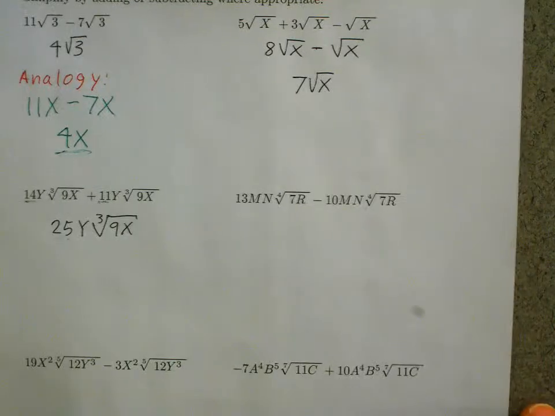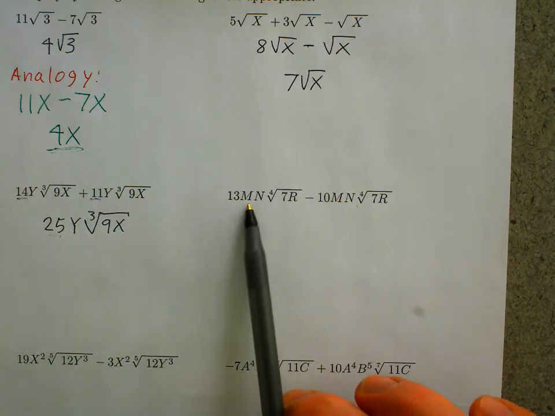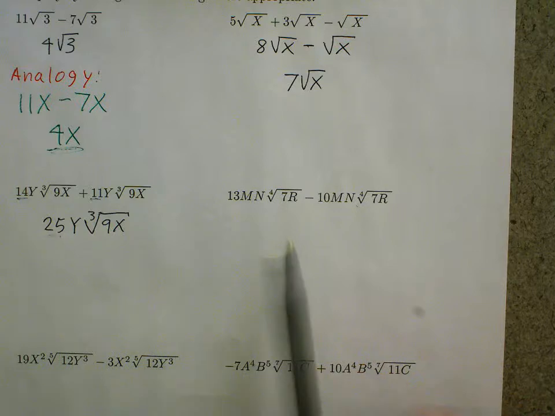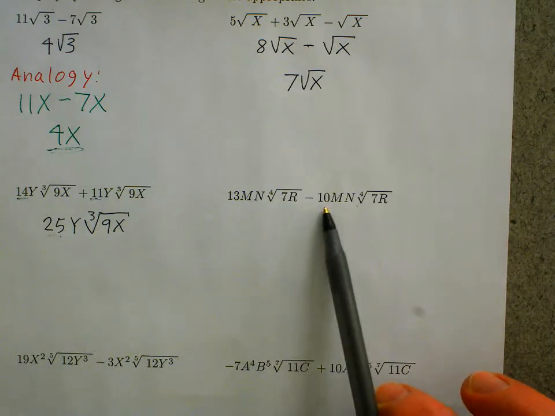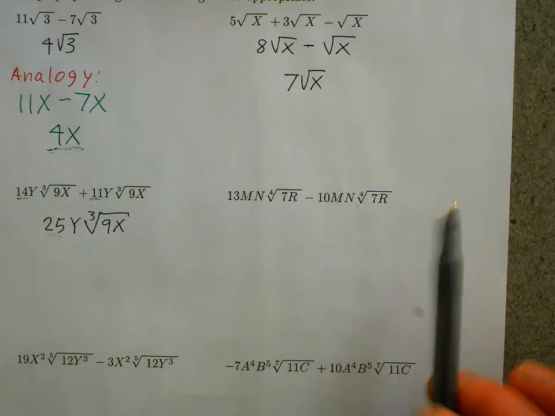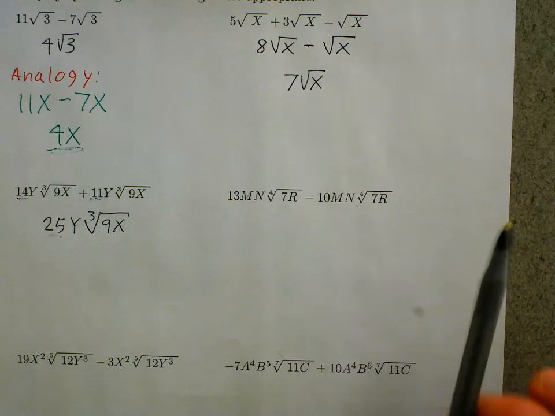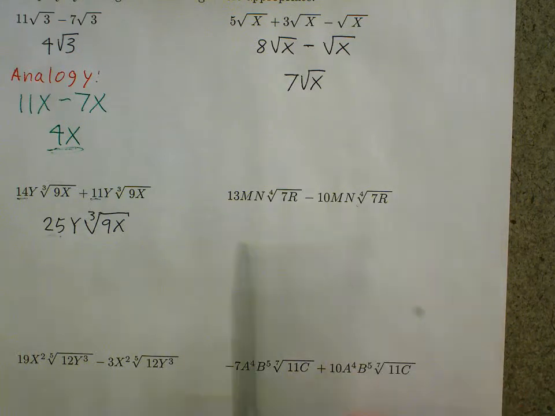Okay, the next example, 13 times m times n times the fourth root of 7r minus 10 times m times n times the fourth root of 7r. So the terms are like terms.